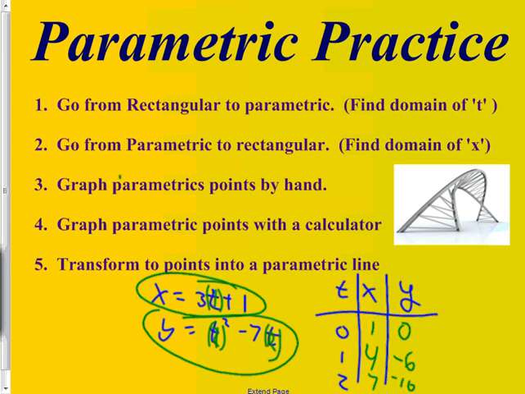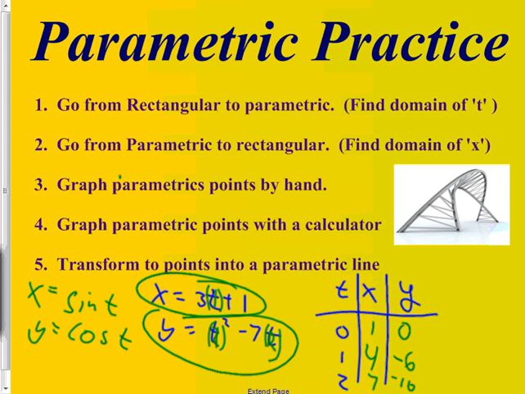Okay, any questions about finding points for a parametric equation? All right. The hardest kind like this, the state of the art, would be if I gave you parametrics that have trig in them. And then the t's aren't time anymore. What are the t's?